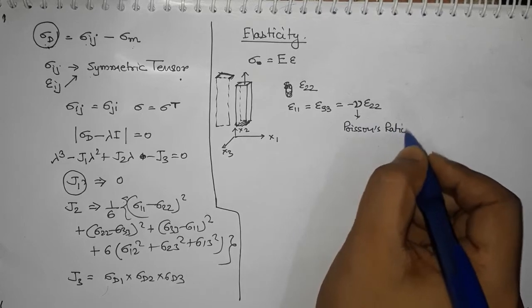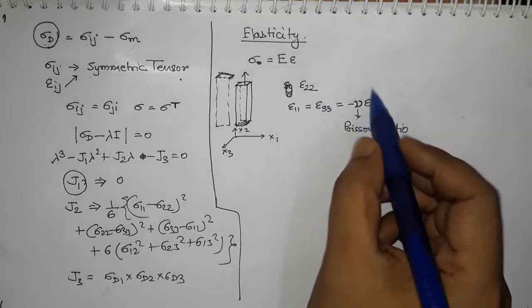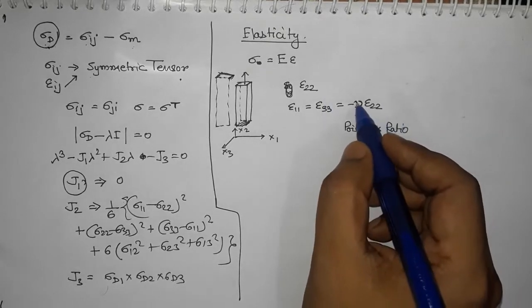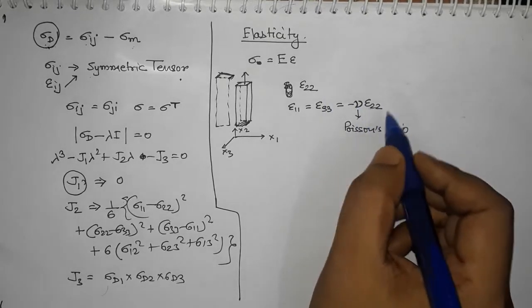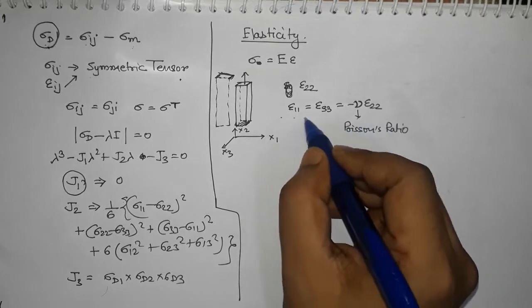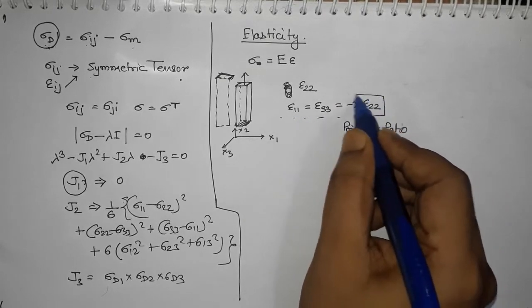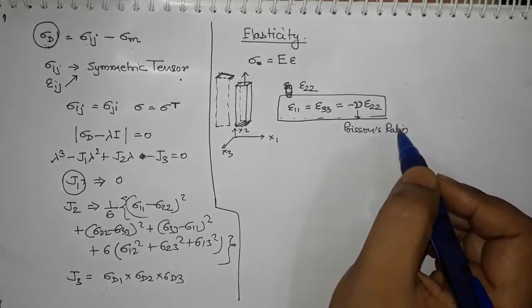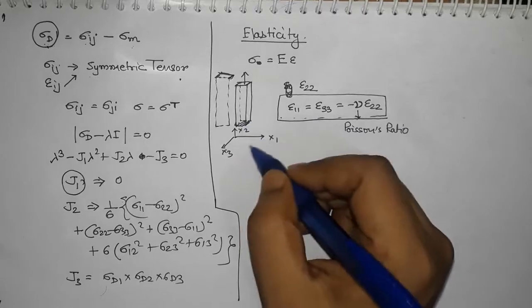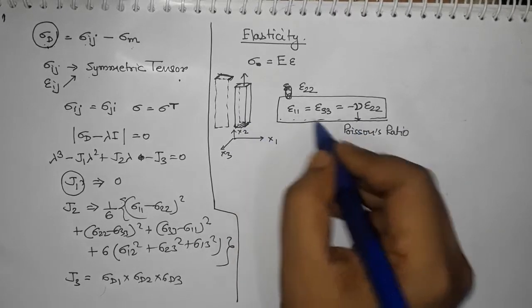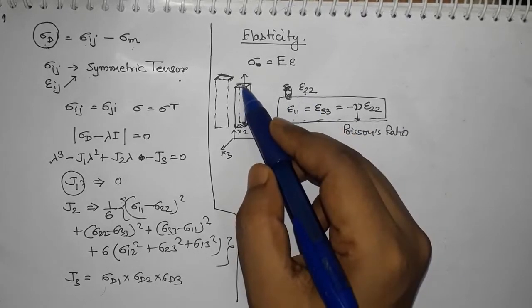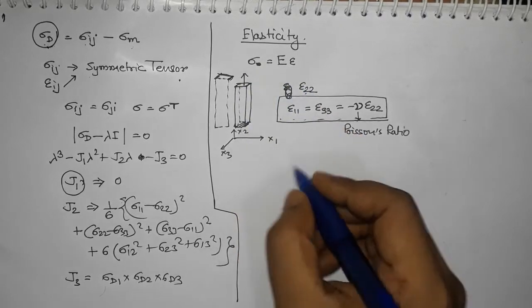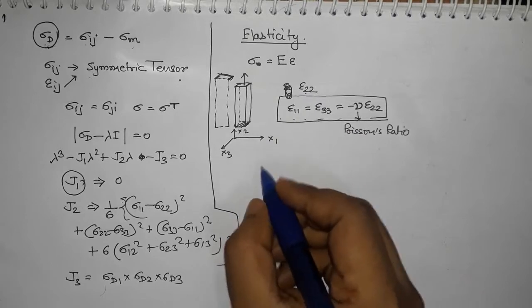We know that in elasticity the volume is not constant, and the relationship is given by the Poisson's ratio, and so this will be the relationship between strains in the other directions, right? So now we can do this for all three dimensions. So we have done it for when we apply stress in the x2 direction.